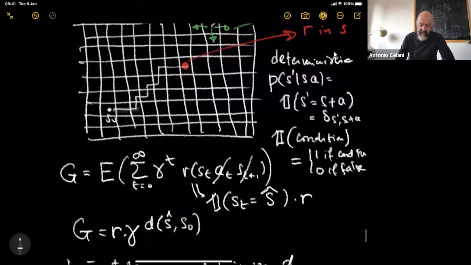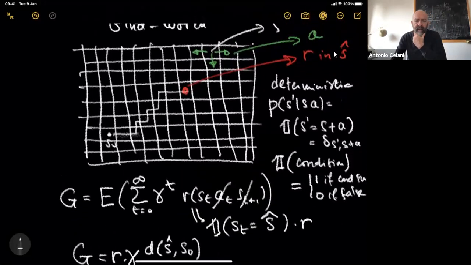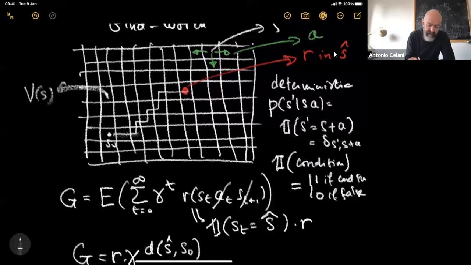So what does it mean? What is the value function? Well, the value function, remember, is a vector over the state space, which means in this case that you put a real value in every point of this grid. So for instance, if you have a point here, there is a value of this state S. So every slot of this array has a real value attached to it, which is your value function.